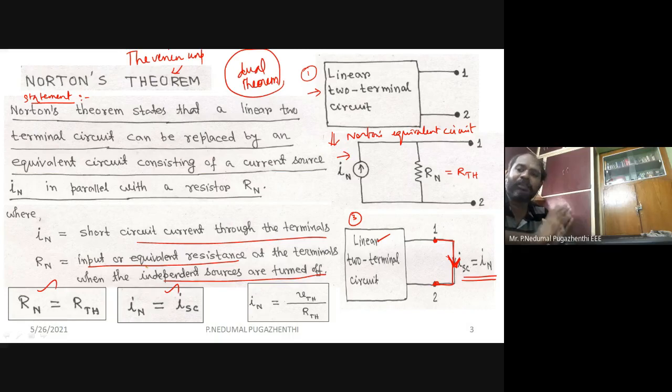R Norton is similar to R Thevenin. I Norton is a short circuit current. You can perform a short circuit or an open circuit, find the short circuit current, find the open circuit voltage, then find the ratio. That will also provide me my R Norton or R Thevenin.